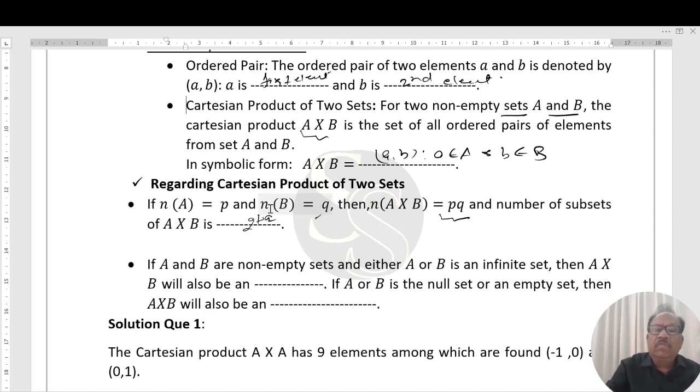Next, if A and B are non-empty sets and either A or B is an infinite set, then A cross B will also be infinite. If A or B is a null or empty set, then A cross B will also be an empty set. Right? Now let's start the question.